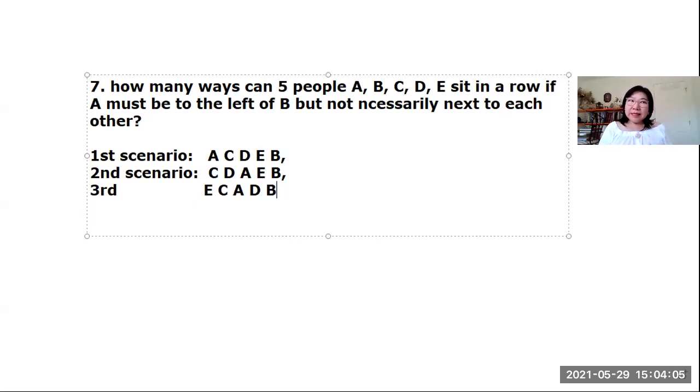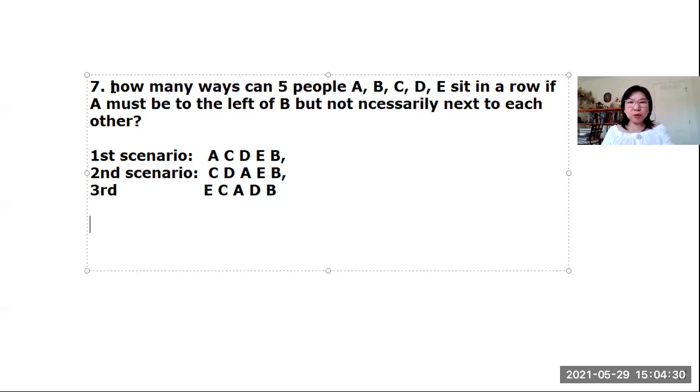Let's say if I like to sit beside Tom, I don't want to sit beside Alice. Maybe Alice wants to sit beside Jane instead of beside Tom. So that will be different. We have to take into consideration that the order is important in this case. So that will be a permutation.